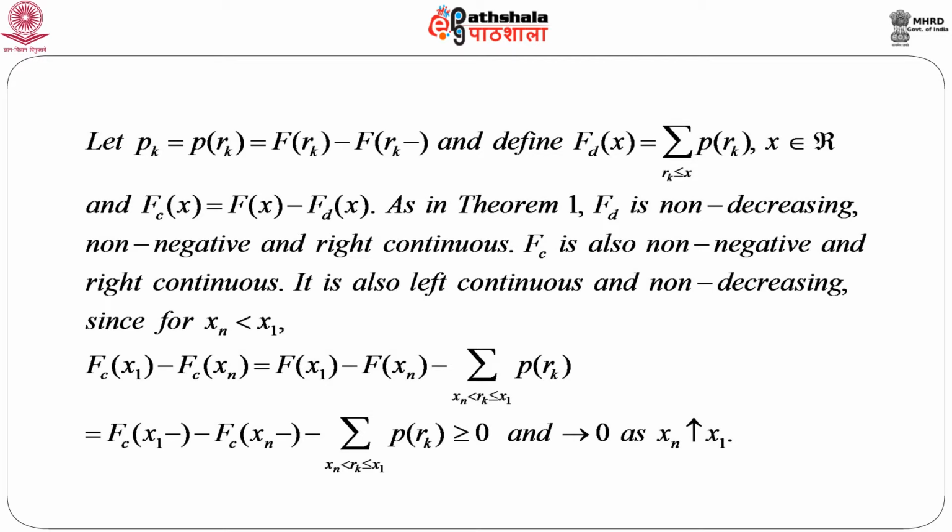And we define capital F d of x as the sum of p of r k, where r k is less than or equal to small x, for any value of x belonging to the real line. And if we define F c of x as F of x minus F d of x, then it is clear, as in theorem 1, that F d is non-decreasing, non-negative and right continuous. We can immediately see that capital F of x is a distribution function. So, F c is also a non-negative and right continuous function.